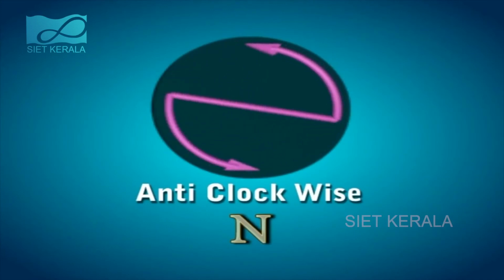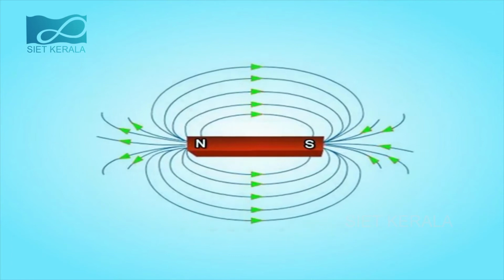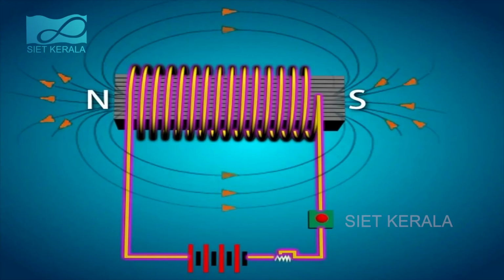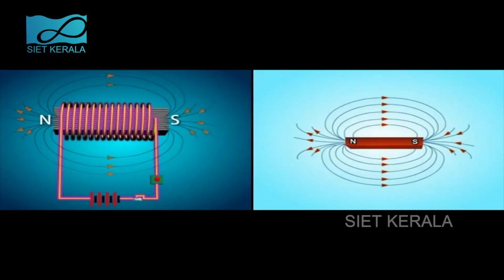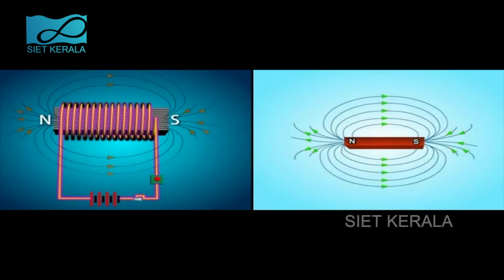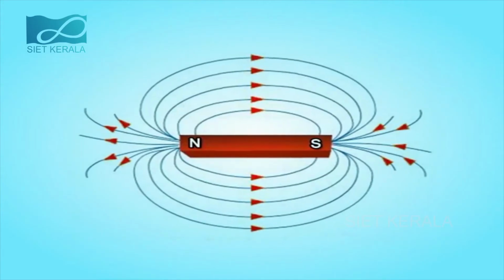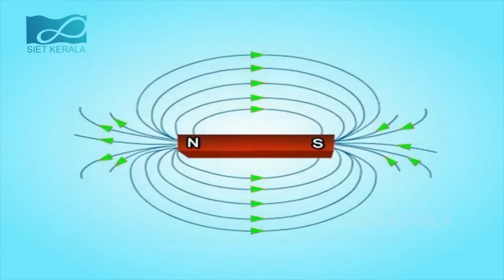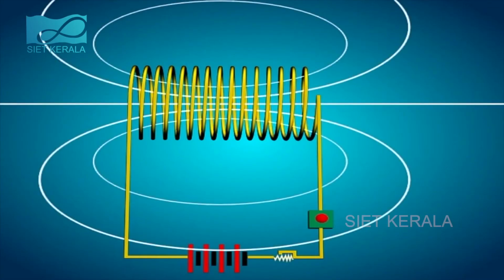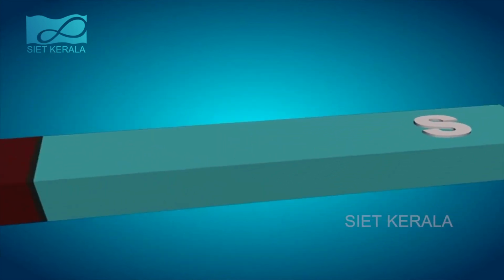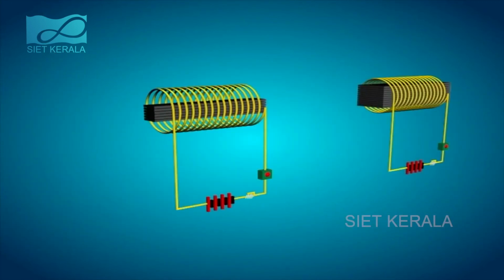Let us see the magnetic field around a bar magnet and a current-carrying solenoid. A current-carrying solenoid behaves like a bar magnet. It is not practically possible to draw the flux lines through the interior of a bar magnet, but it is possible to draw the flux lines through the interior of a solenoid.